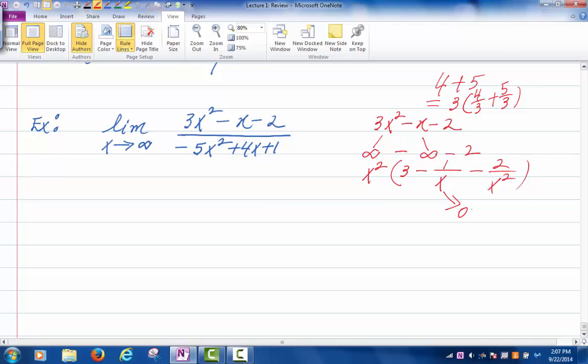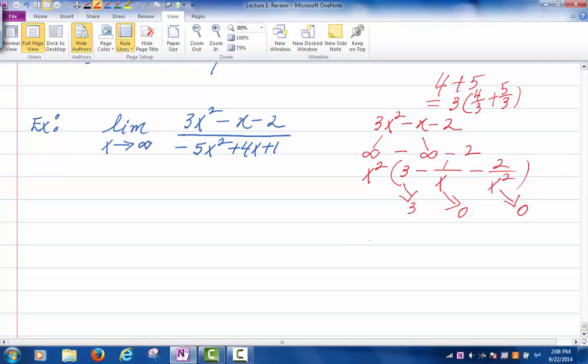So 1 over x goes to 0 as x goes to infinity. So does 2 over x squared, right? Again, you are dividing 2 by larger and larger denominators. Remember I showed you the graph of 1 over x squared? Okay, and this term is going to 3.